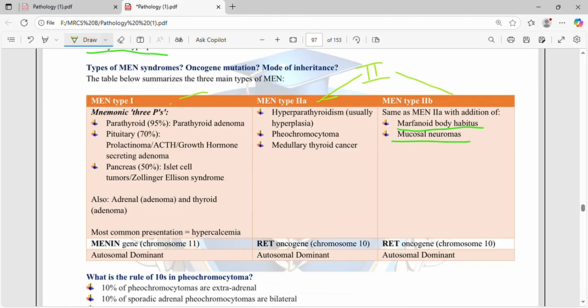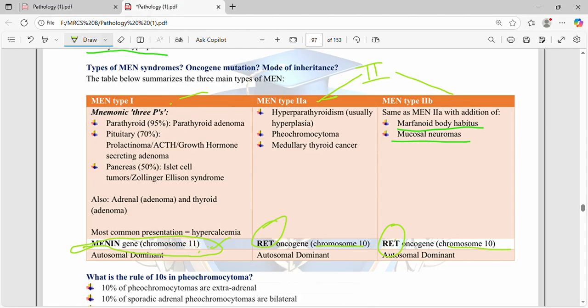Okay, so the genetic mutation in type 1 is the MEN1 gene on chromosome 11. Type 2A and type 2B are due to the RET oncogene on chromosome 10. This one is on chromosome 11.